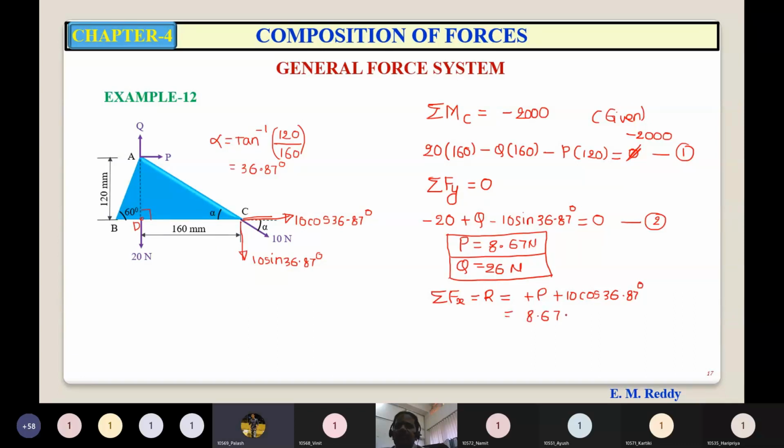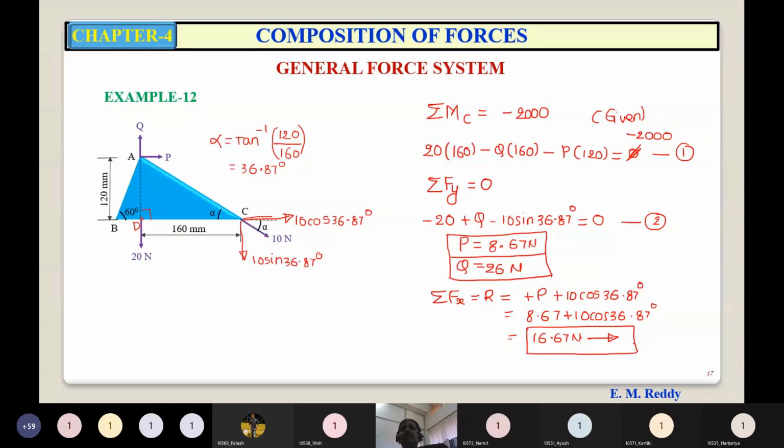So 16.67 Newton acting horizontally towards the right. So we have the magnitude of the resultant.